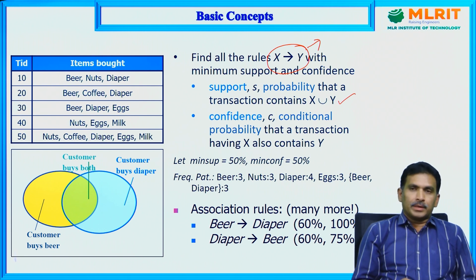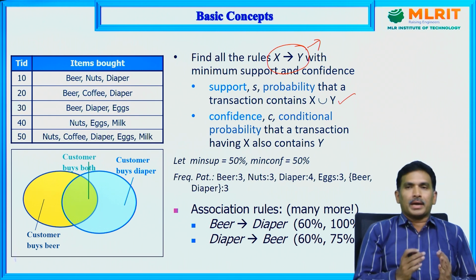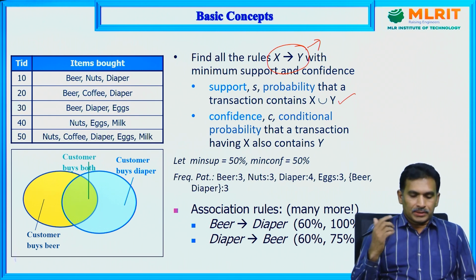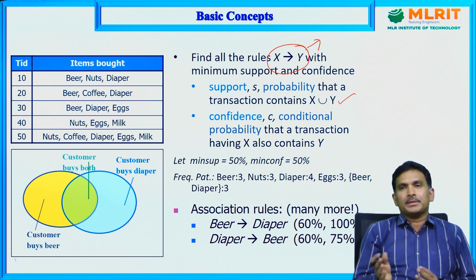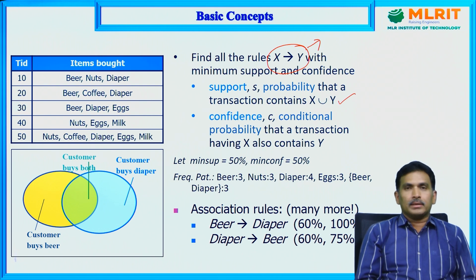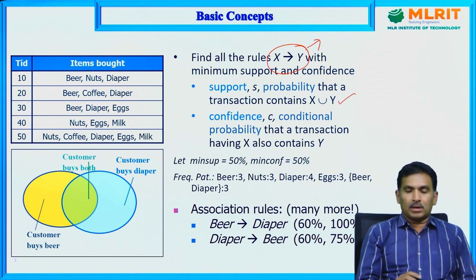Because purchasing a particular item depends on purchasing another item, there is a dependency among the items. So this is a conditional probability: the conditional probability that a transaction having X also contains Y.